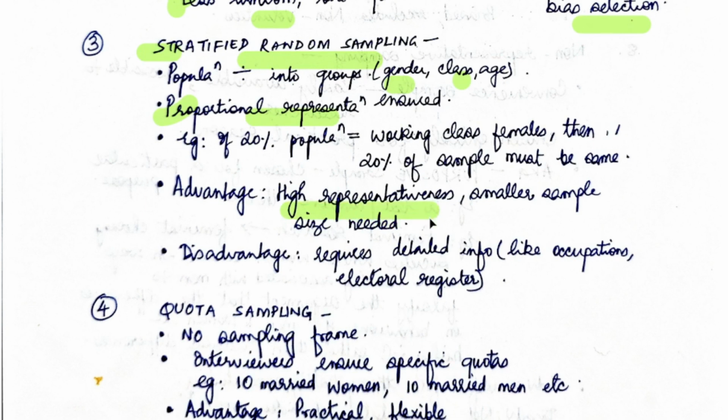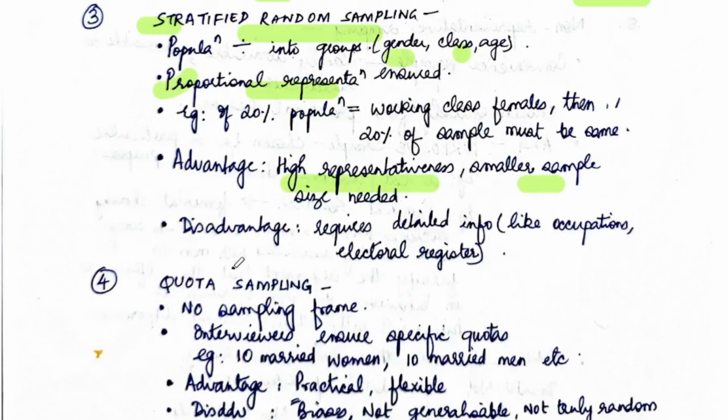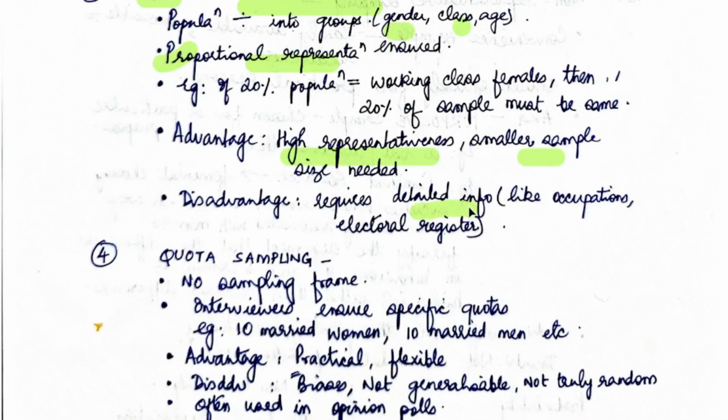So what is the advantage? The advantage is high representativeness. Why? Because we have ensured that. But also it requires a smaller sample size. But what are the disadvantages? It requires detailed information. Now we are saying that we will divide the population into groups of gender, class, age.